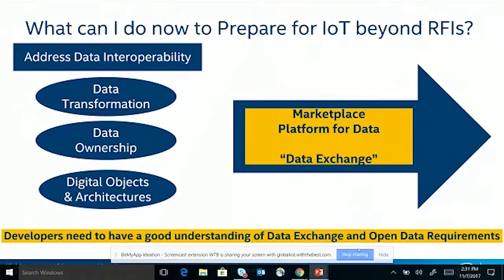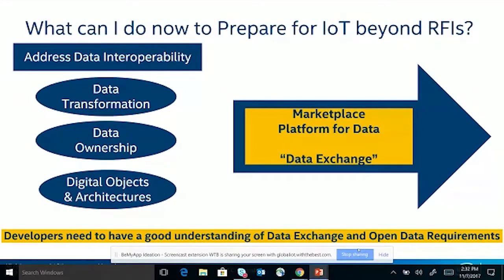But the reality is that data exchange is a way to exchange data between multiple parties. Platforms are being developed. NIST, National Institute of Standards and Technology, is actually in the beginning of 2018 putting together teams to start looking at how data exchange is going to start happening across a wide variety of fields.